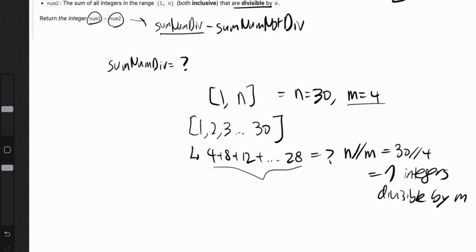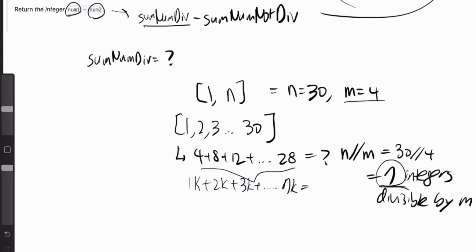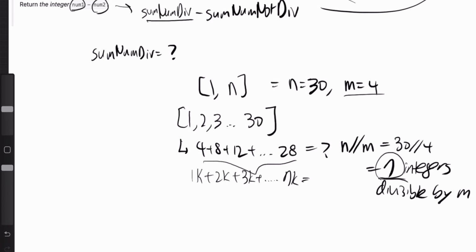To think of it like this: if 4 is k, 8 is 2k, and 12 is 3k, and this all goes all the way to 7k. Do you see that? So this is the same thing as 1k, 2k, 3k, 4k, 5k. And that's the exact same thing we're doing with the sum of the natural numbers from 1 to n. So that's simply going to be k times k plus 1 divided by 2, right?